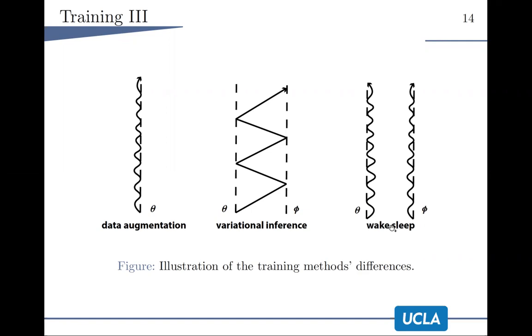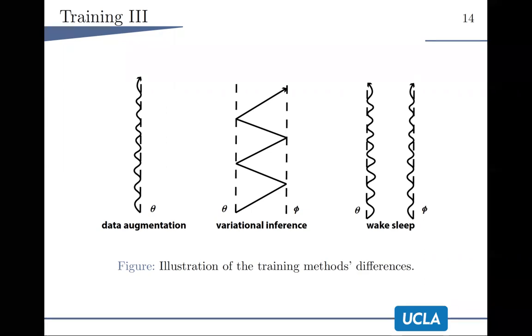But the wake-sleep algorithm uses two slightly different, but not that different, objectives, and they could be optimized in a different way. It's never guaranteed for sure that they will finally agree with each other, but most likely we manage to make them agree with each other in the end.